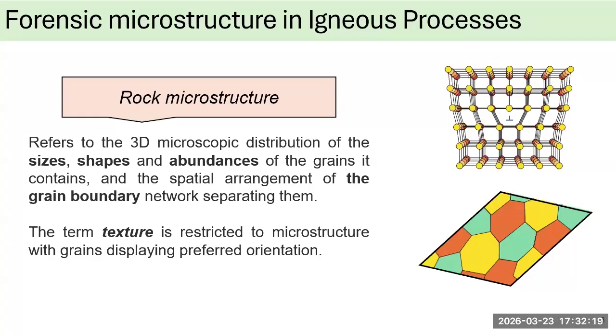It's the same with the rock. Rock is built of different minerals, sometimes only one mineral, sometimes more than one, up to 10, who knows how many. And they all have different shapes, sizes, and their relationships with each other are different. And that all can tell us something about processes, how this rock formed.